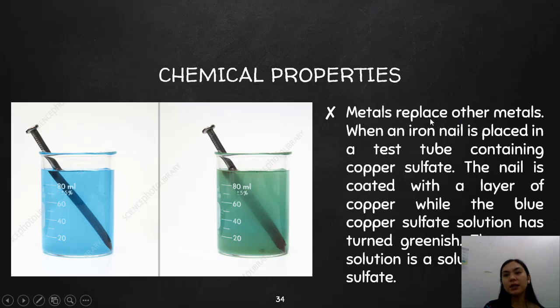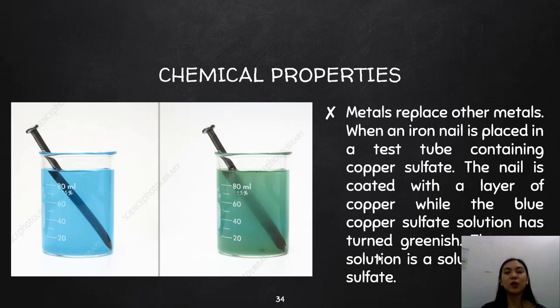And then again, metals replace other metals when an iron nail is placed in a test tube containing copper sulfate. The nail is coated with a layer of copper while the blue copper sulfate solution has turned greenish. The green solution is a solution of iron sulfate. Ginawa nyo na to sa experiment number 3, metals and some aspects of corrosion. Diba dun sa mga experiment, makikita nyo na nag-iba ng color yung nail, ganyan.